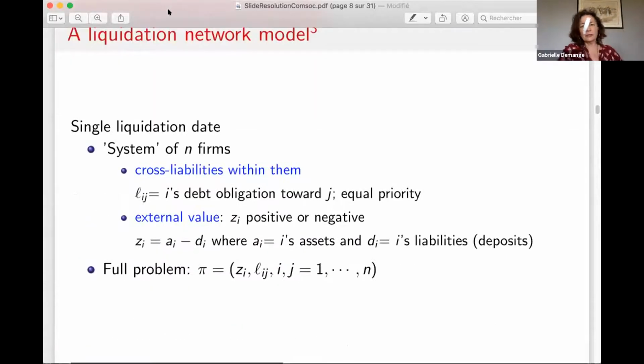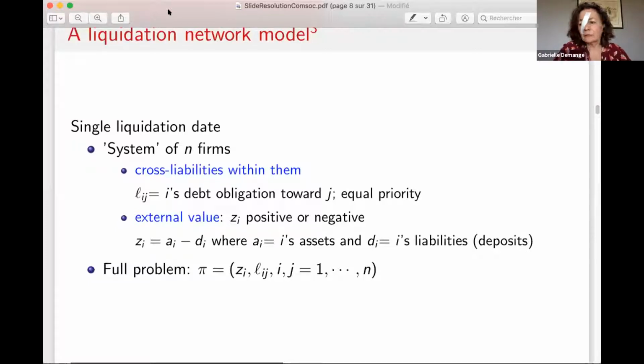So the liquidation model is, as I said, very stylized. There is just a single liquidation date. I have n firms or banks or whatever. They have cross liabilities between them, represented by the amounts that each owes to each other one. Of course, it can be null, so it is Lij.